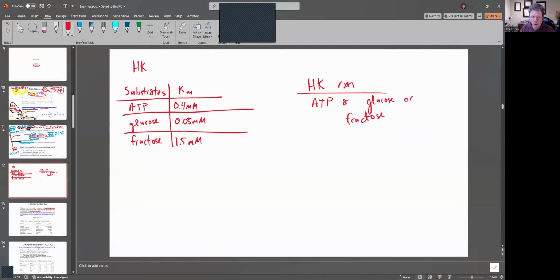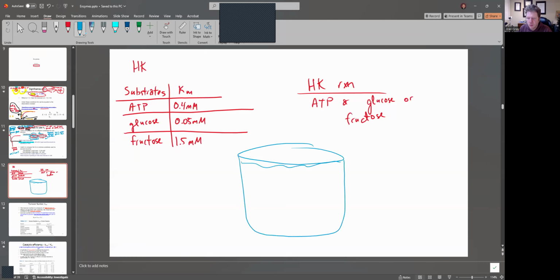Now, we want to be thoughtful of and aware of these amounts. So let's say that we've got a beaker. In this beaker, we've got a solution, we've got our enzyme. This is our enzyme floating around, hexokinase, HK. Doesn't matter how many of those I draw.